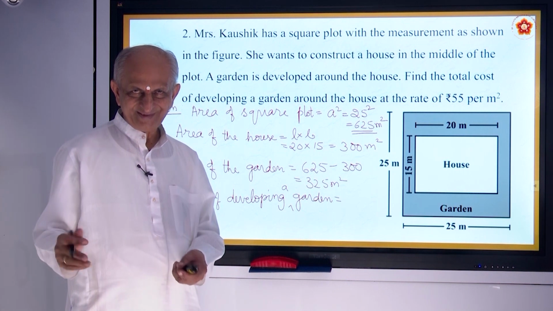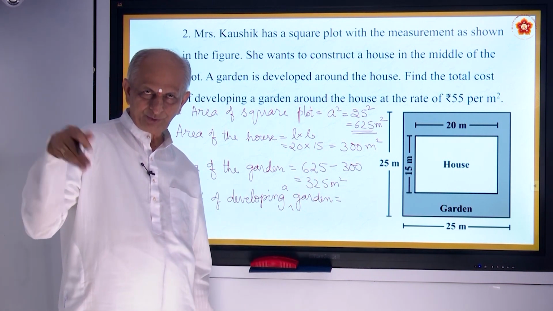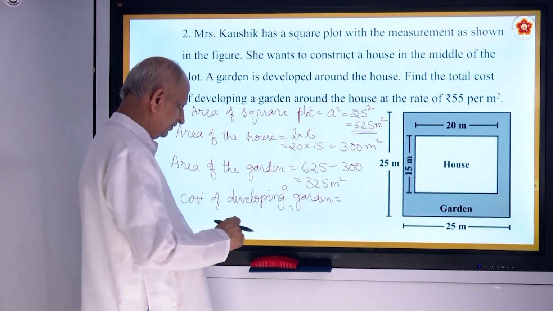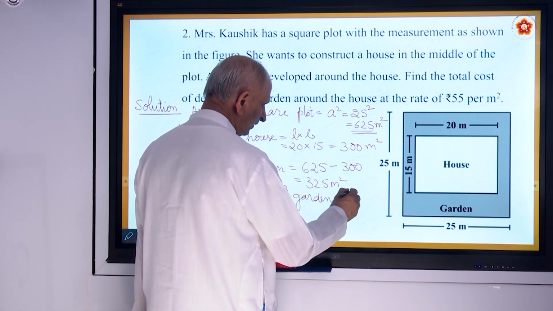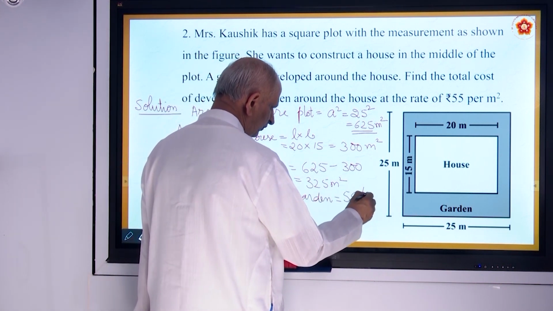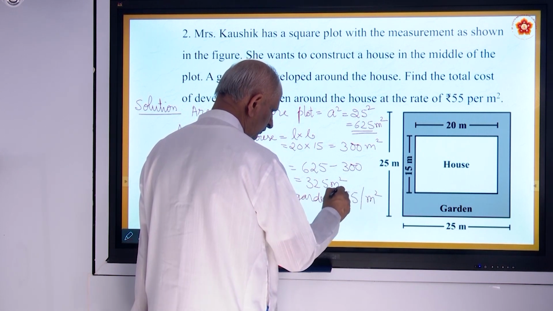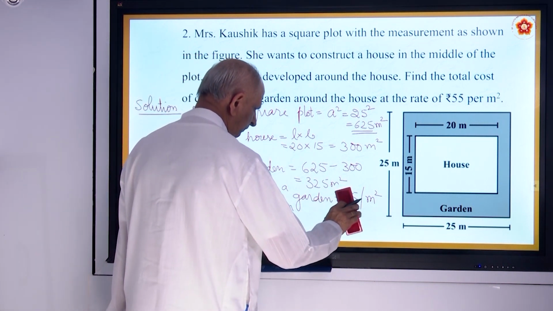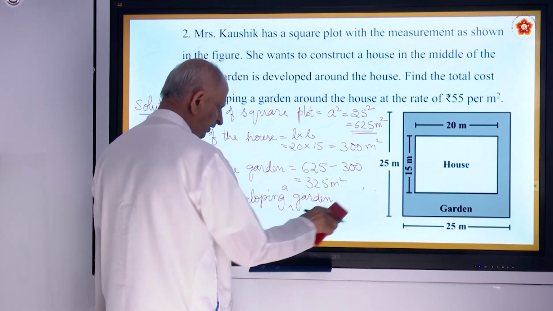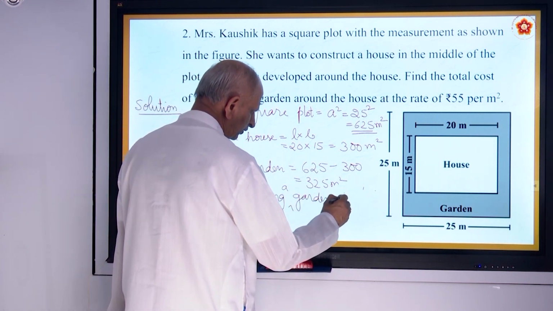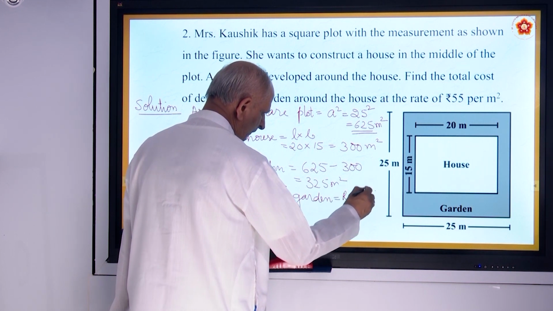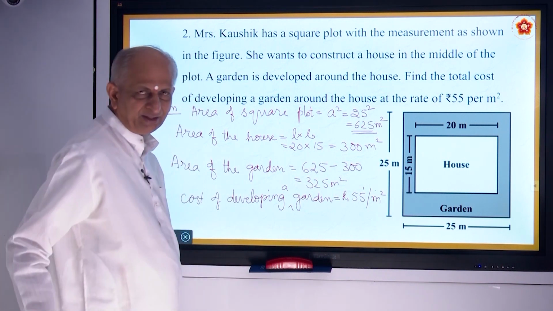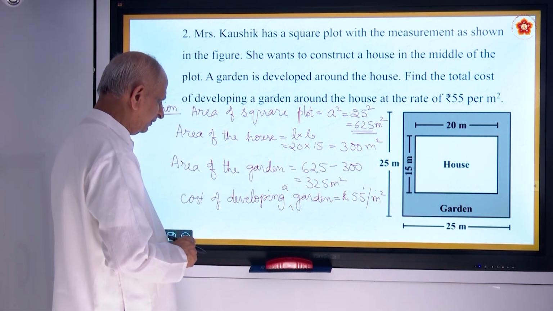To bring the grass, to plant the grass, to supply water, if necessary some fertilizers, all those are called developing a garden. For every square meter you have to pay 55 rupees. Now they are asking what is the total cost. So rupees 55 per square meter. What do you mean by square meter? Square meter means 1 meter length, 1 meter breadth. That is called a square meter.